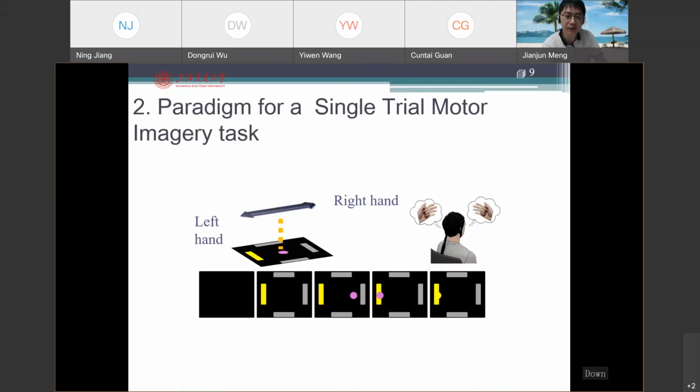So this figure shows the experimental design of a single trial structure. We ask the participant to perform motor imagination in order to generate the proper control signals. Then the EEG signals from their scalp were continuously acquired, computed, and translated into command signals to control the movement of a pink dot cursor.